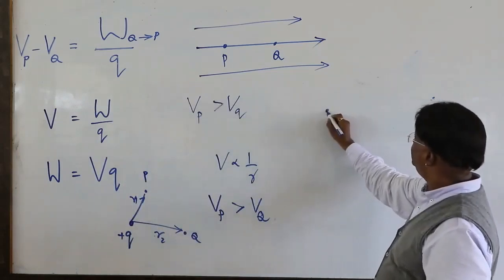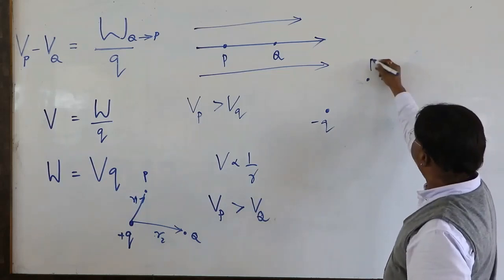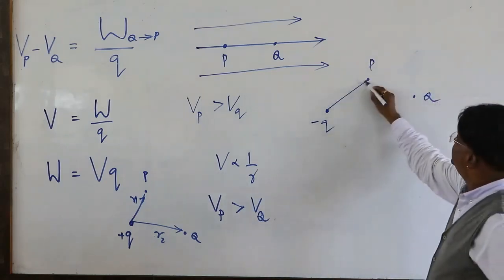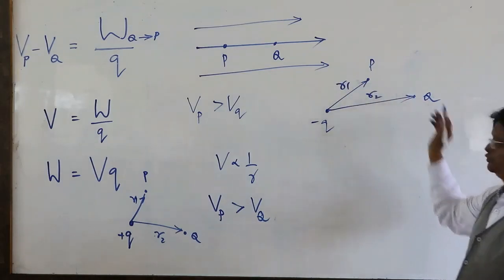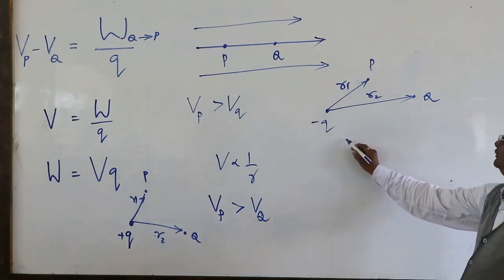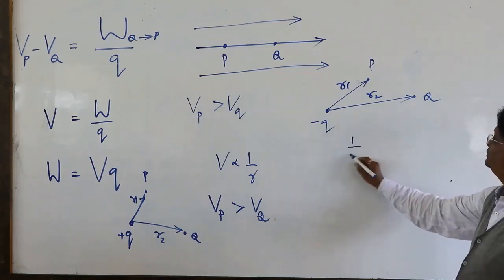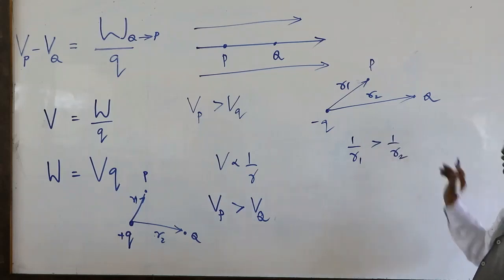Whereas, see, this is supposing a negative charge, minus Q. And one more time I have the positions P and Q at distances R1 and R2. In this example, tell me, clearly 1 by R1 is greater than 1 by R2.